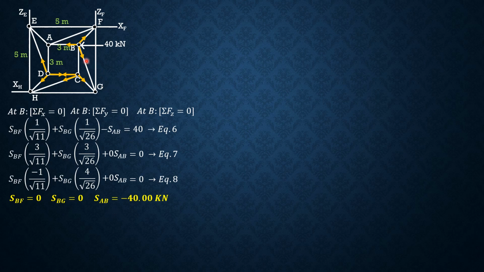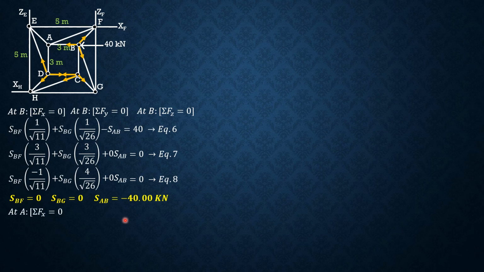That is, if two forces, because BC is 0 and we have two forces BF and BG that are 0, then the other two forces will only be 0 if they are not collinear. But because they are collinear, that's why they are equal. So that's why AB is negative 40, and we have a force of negative 40 also. So it's obvious from that result. Then we proceed to joint A.